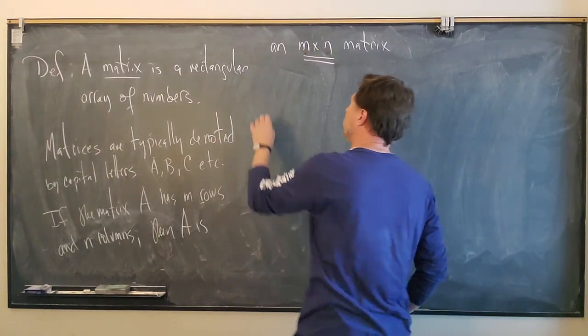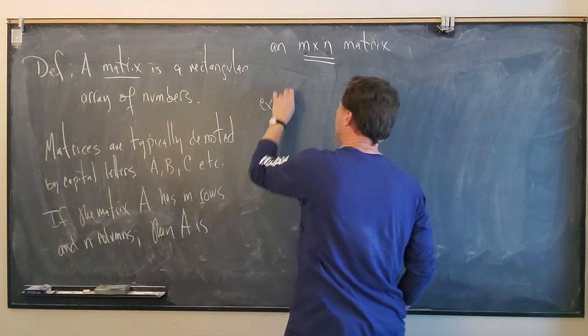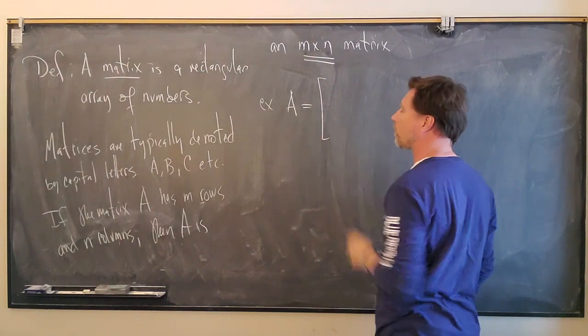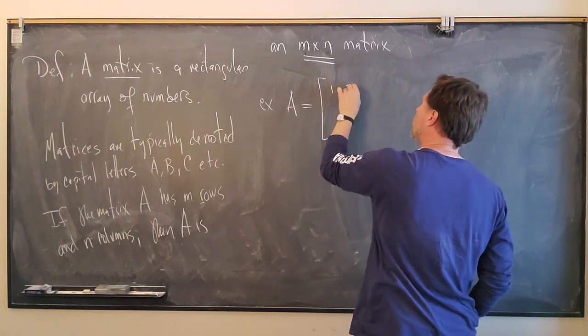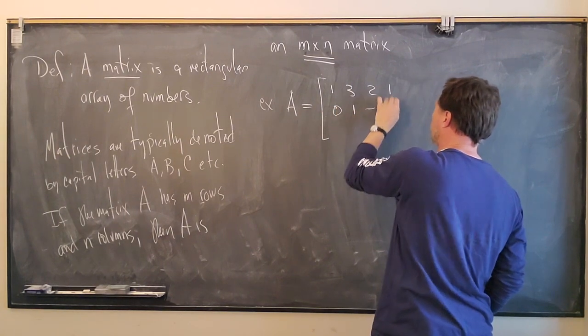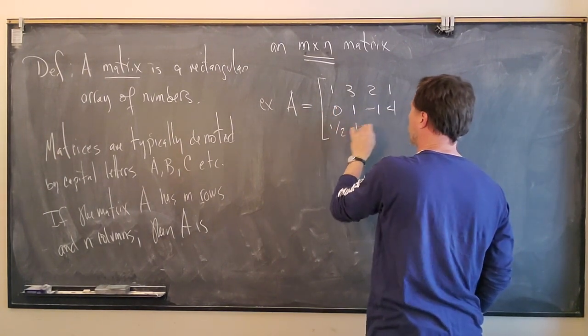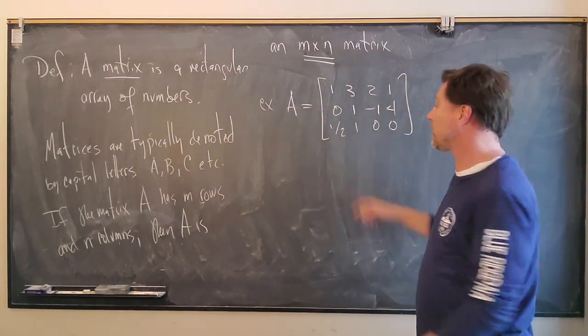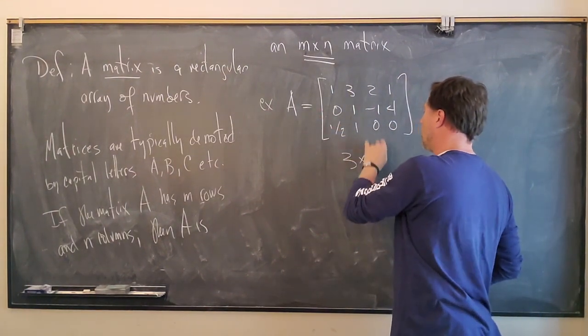So for example, A, and what we do when we write down a matrix, as before, we'll put square brackets around them. So 1, 3, 2, 1, 0, 1, minus 1, 4, 1 half, 1, 0, 0. Here's an example of a 3 by 4 matrix.